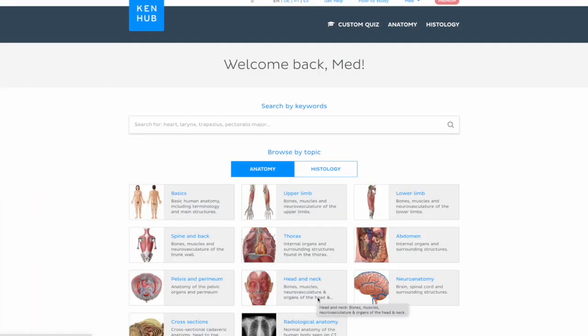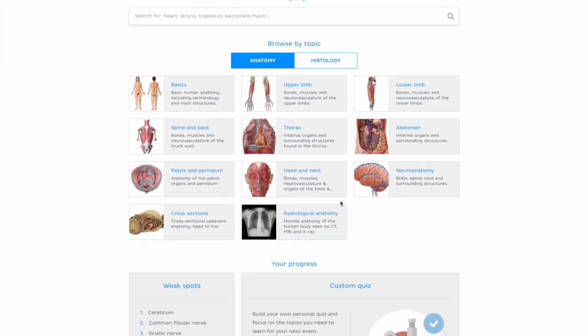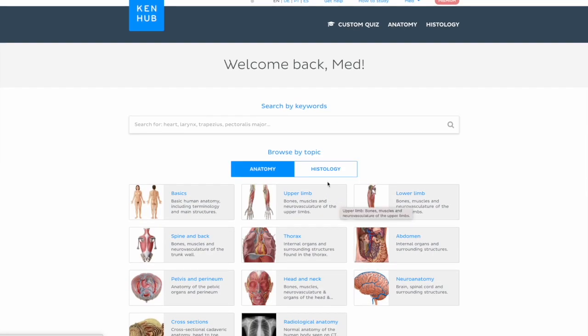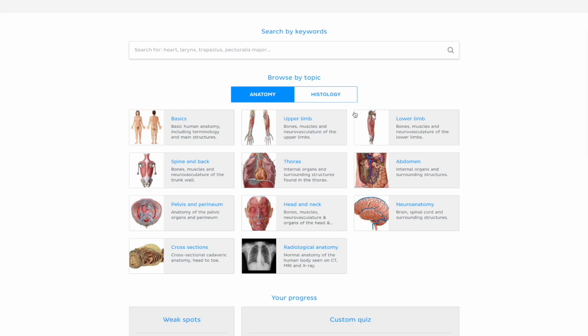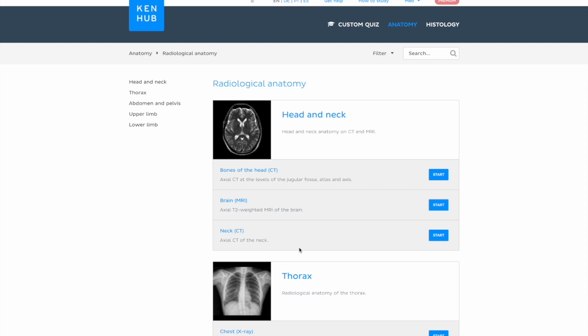I wanted to show you guys that Kenhub started adding radiology and histology, so it's not just for anatomy. So here, for instance, you can choose, based on the region, and you can choose radiological anatomy, and I think this is very useful for USMLE questions.